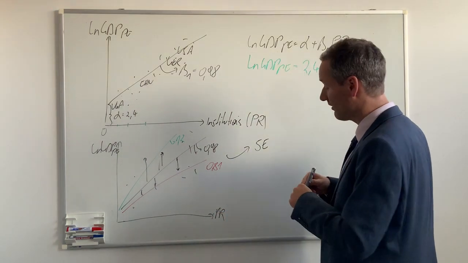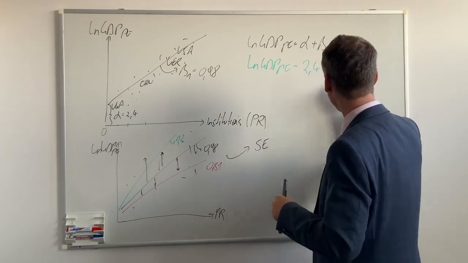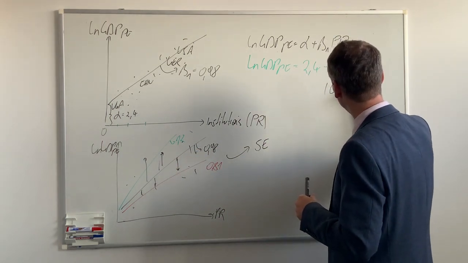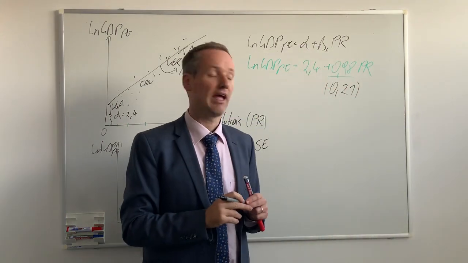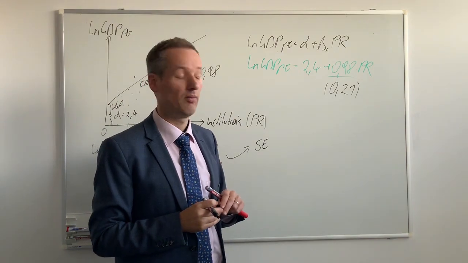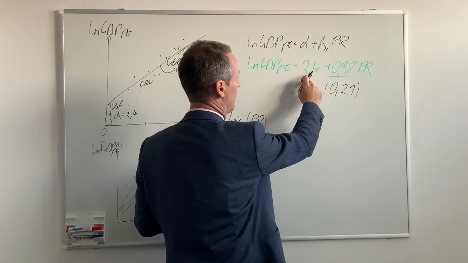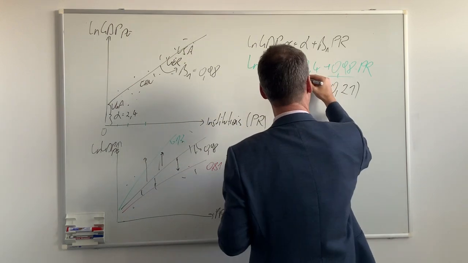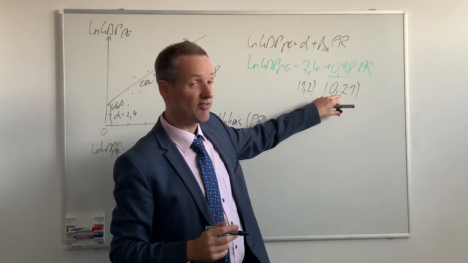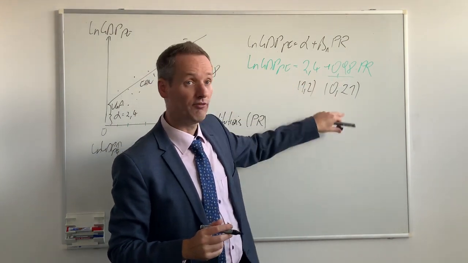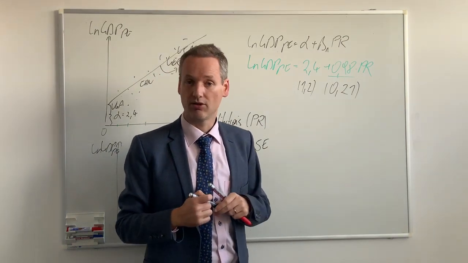Suppose I'm having a standard error here for this curve of, say, 0.21. Okay? Usually I represent the standard error in parentheses together with the coefficient. I'm also having a standard error for the alpha, so for the constant, say it's 1.2. Okay? If the standard error is low in comparison to the coefficient, then I'm having a relatively precisely estimated relationship.